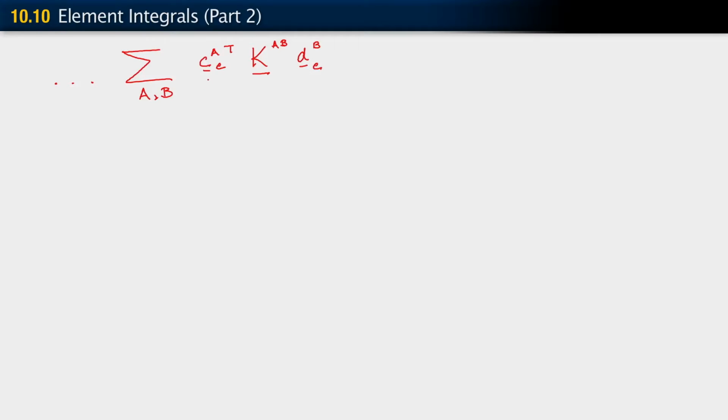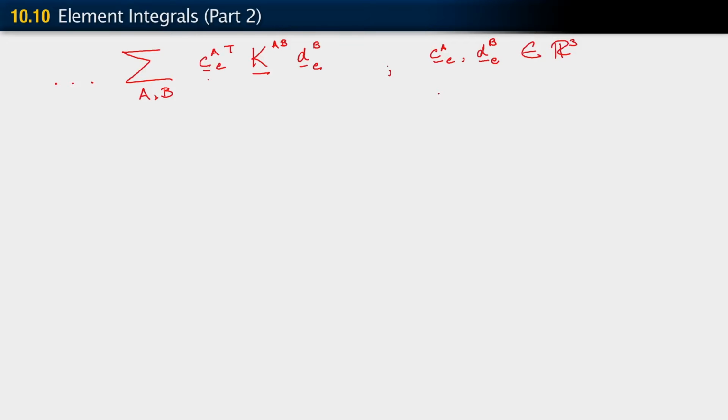And for each of them, what I have here is the following: C A E and D B E, both of which we've encountered before, and we've also had occasion to note that they belong to R3.